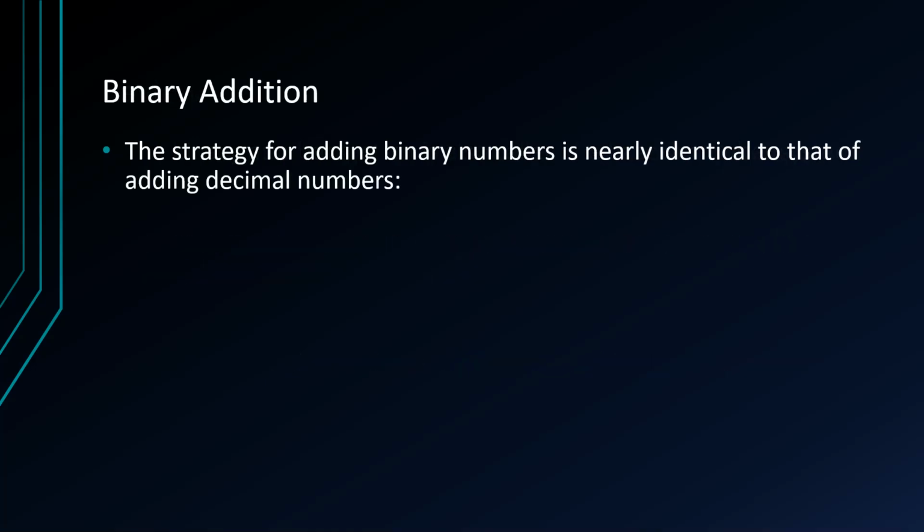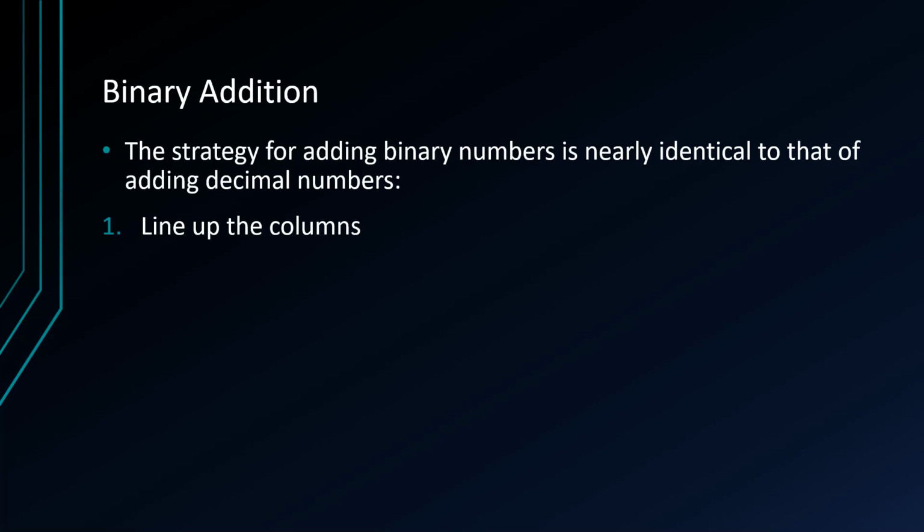So binary addition. The good thing is binary addition is not far off of regular decimal addition. In fact, it's pretty much exactly the same. We just have to remember that we're only working with the digits 0 and 1. So if you recall, if you add up regular numbers, all you need to do is line up your columns. And once you've lined up the columns, you add all the numbers in that column.